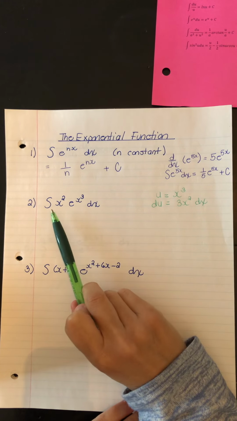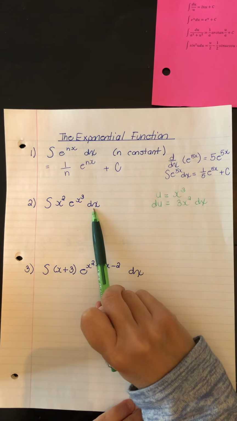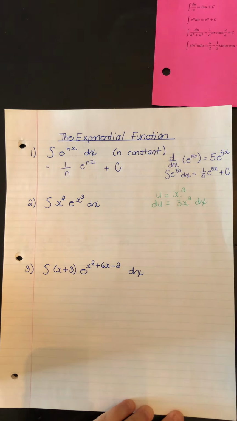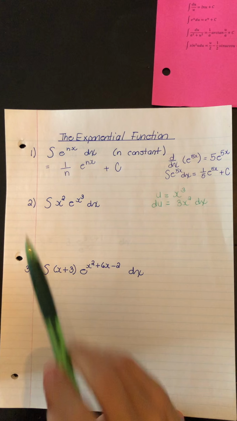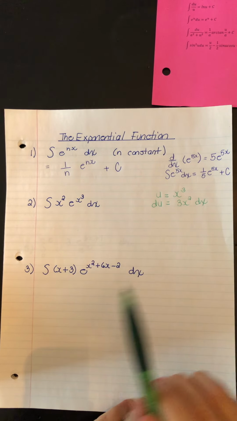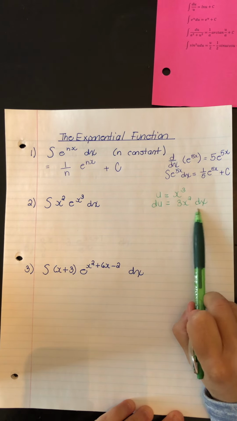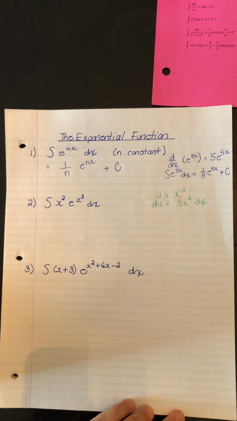So the question is, how does x squared dx compare to 3x squared dx? Well, x squared dx is 1/3 of 3x squared dx. And that means over here, we have 1/3 of the integral of e to the u du.